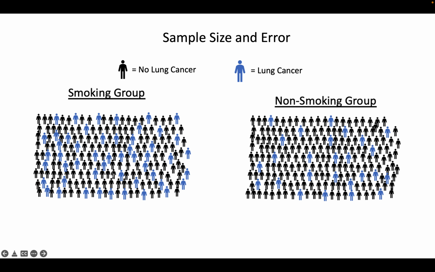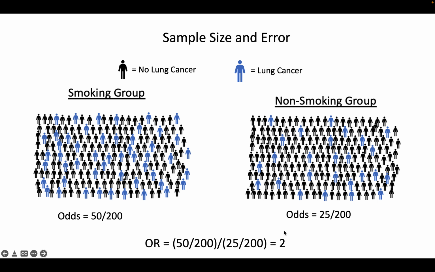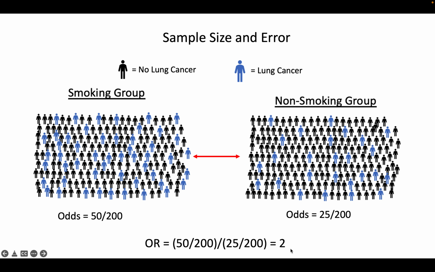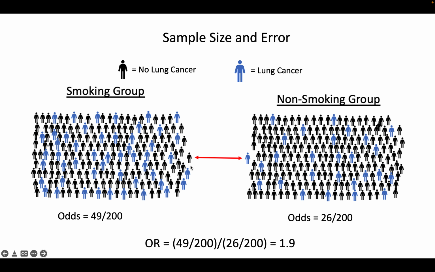Now the sample size is huge, like 200 in each group. We still have an odds ratio of 2, where 50 people out of 200 had lung cancer in the smoking group, and 25 of 200 had lung cancer in the non-smoking group. If we swap again to simulate a very small degree of sampling variability, you can see that the odds ratio went from 2 to 1.9, so it only went down a little bit.